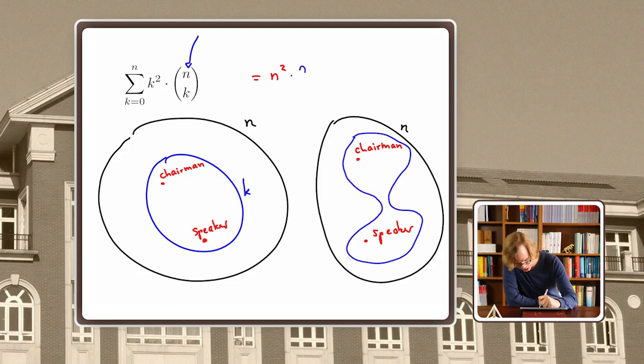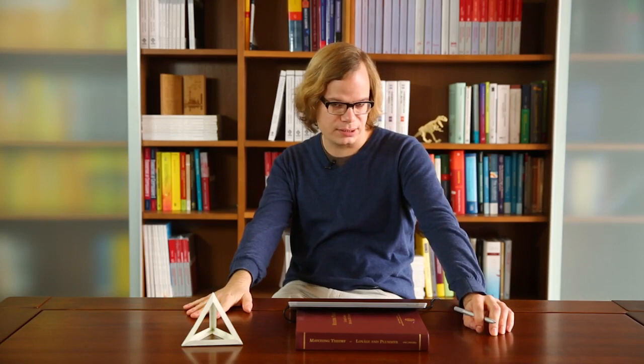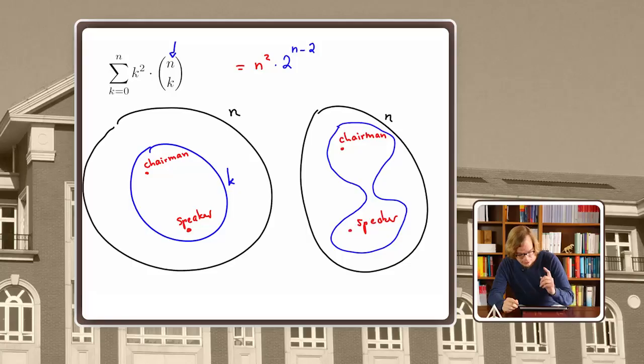So how many choices do we have? Well, we have a choice to include or not include each member of parliament except chairman and speaker. All right, so what we have just done is we have derived a wrong formula. You can easily check the formula that we have derived is wrong. Of course, where's the mistake?